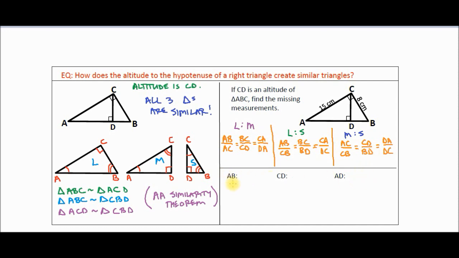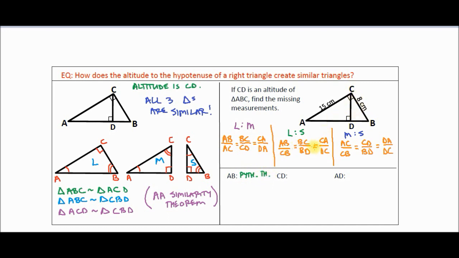Okay, how do you find AB? Well, the first thing I notice is AB is part of my larger right triangle, and I already know AC and CB. And since that's a right triangle, you guessed it, we can use Pythagorean theorem to solve for this. So I'm going to make a little note just so you guys see this. This is going to be Pythagorean theorem. We can use that.